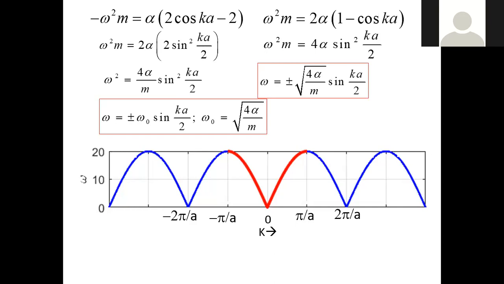So the maximum frequency depends on the coupling constant, the spring coupling constant alpha, and the mass of the atom. So if the mass m is more, meaning the atom is very heavy, in that case the maximum frequency is very less. So for that atom, the vibration is very slow and the frequency is very less also.